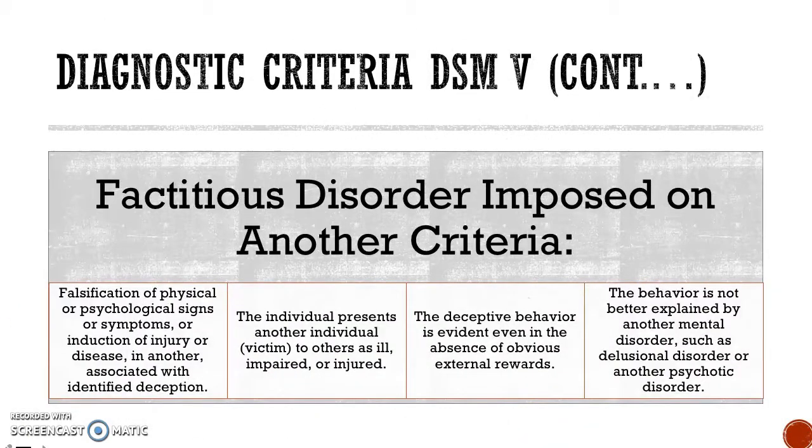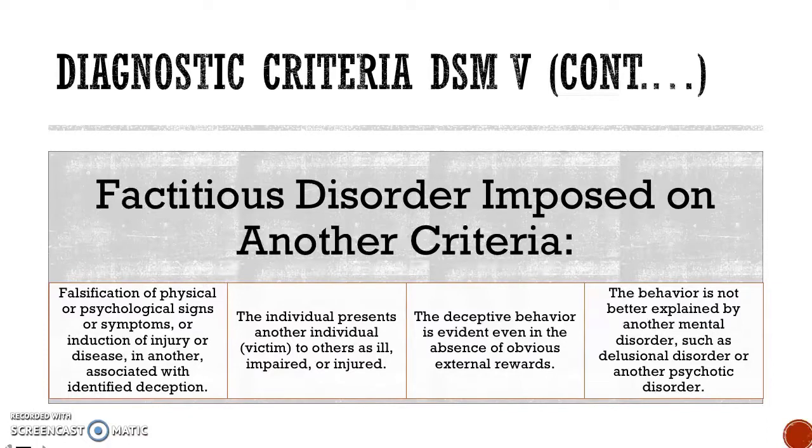Next, the DSM-5 also includes a criteria for factitious disorder imposed on another. This disorder is similar to the previous one, including falsification of physical and psychological signs or symptoms, induction of injury or disease, and associated with identified deception. The individual presents another individual, the victim, to others as ill, impaired, or injured.